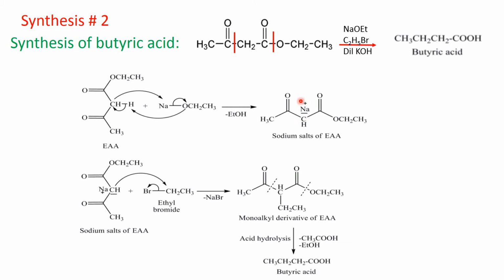Now with this carbanion, ethyl bromide reacts and the ethyl group is introduced. Now the cleavage will be here for acid hydrolysis. You have to give the reagent for acid hydrolysis, with which you will get butyric acid.